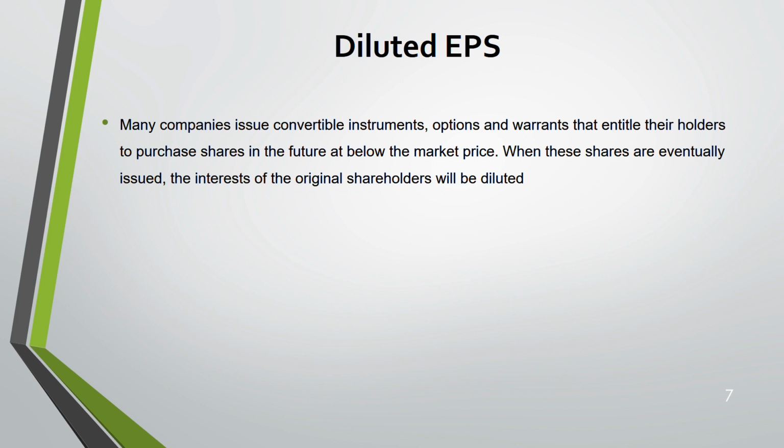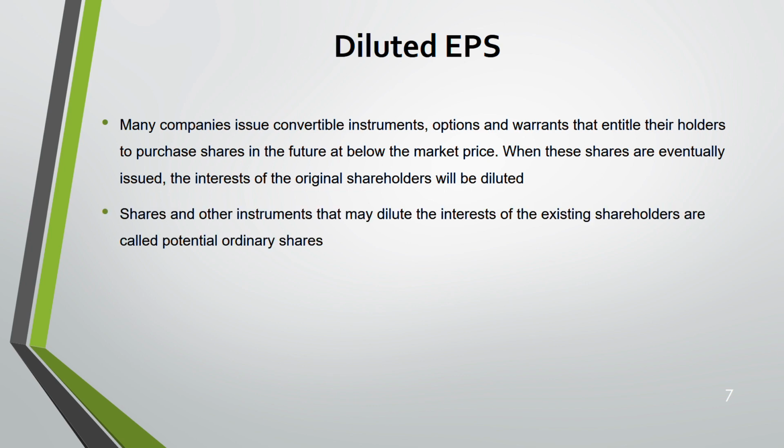So whenever you have an option like this, what happens? Interest of the original shareholders will be diluted. If you are issuing shares in the future, whoever is the original shareholder, their interest will be diluted. They'll be having less voting power now, right? So because it dilutes their interest, it is called diluted EPS. Diluted EPS will always be less than basic EPS. Remember this.